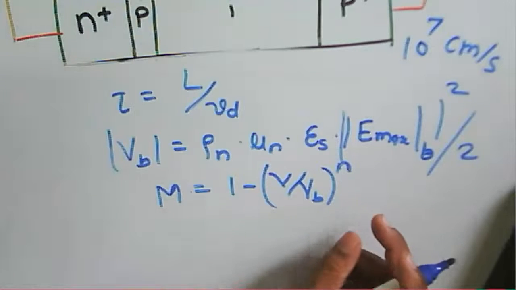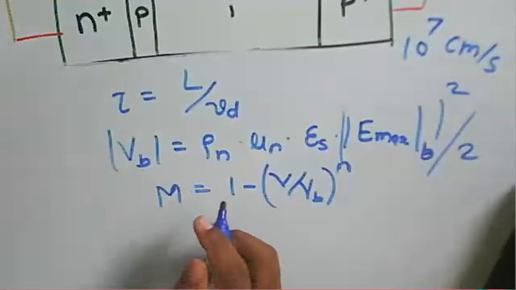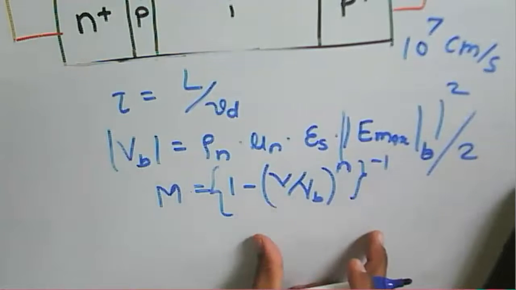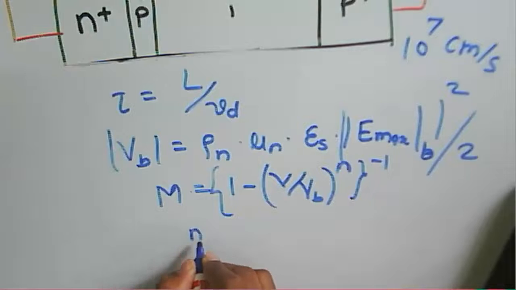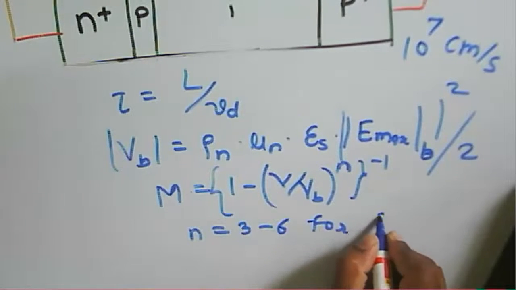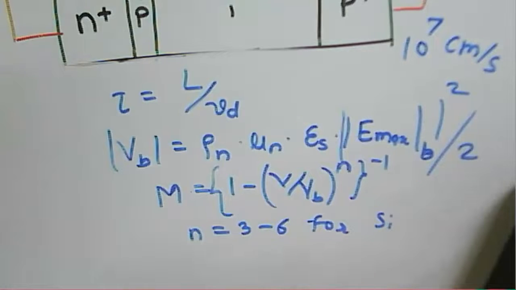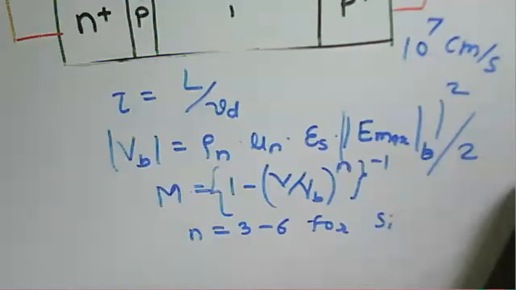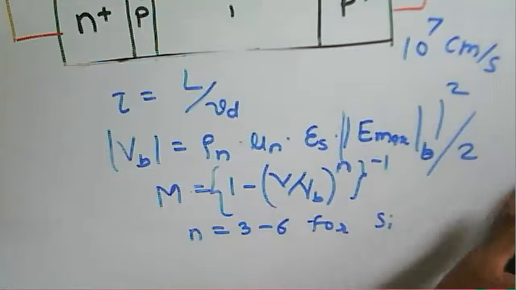For the multiplication factor M, n is equal to 3 to 6 for silicon. If we use Si here, n will be 3 to 6, and it again depends upon the dopant concentration we use at this n plus p junction. So that is about the Read diode.